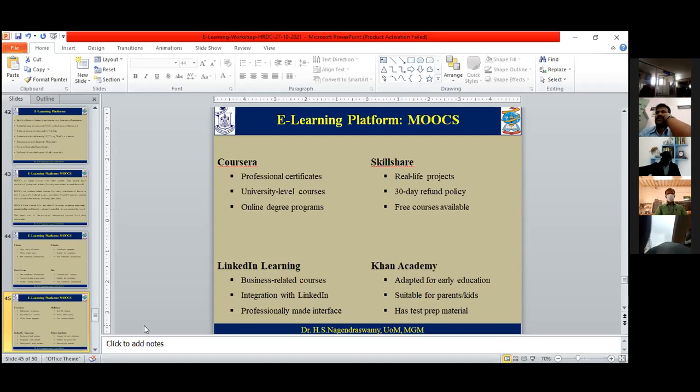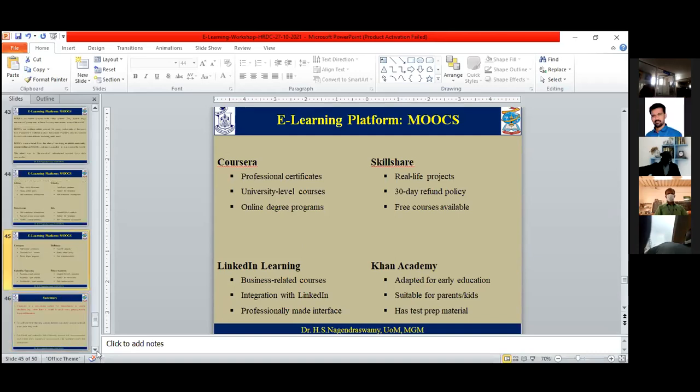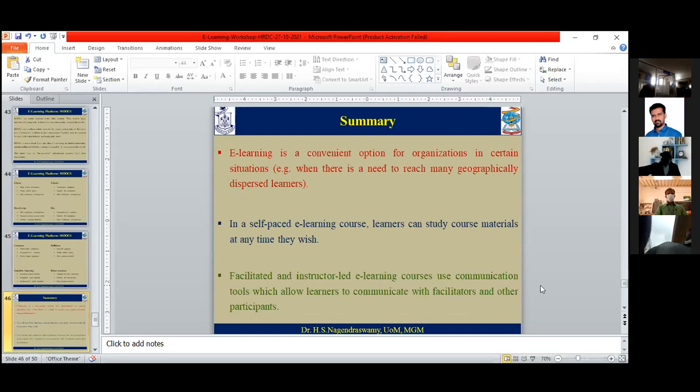Khan Academy, adapted for early education, like for standard and so on, right, and suitable for parents or kids, and has test preparation material as well. So these are some of the platforms where MOOCs are made possible.